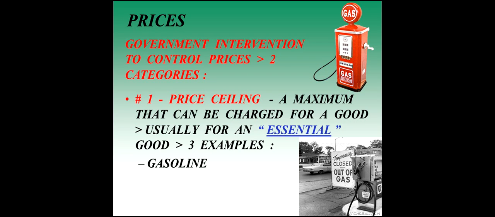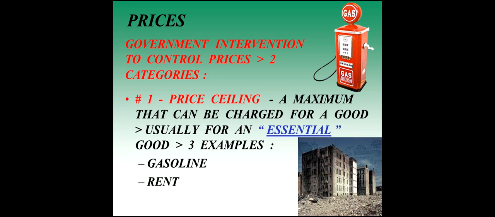Here's a second example that's similar to the gasoline example. In times where rents for apartments have increased, consumers have gone to government officials and asked for price ceilings to be put on rents for apartments, one-bedroom studio apartments and the like.